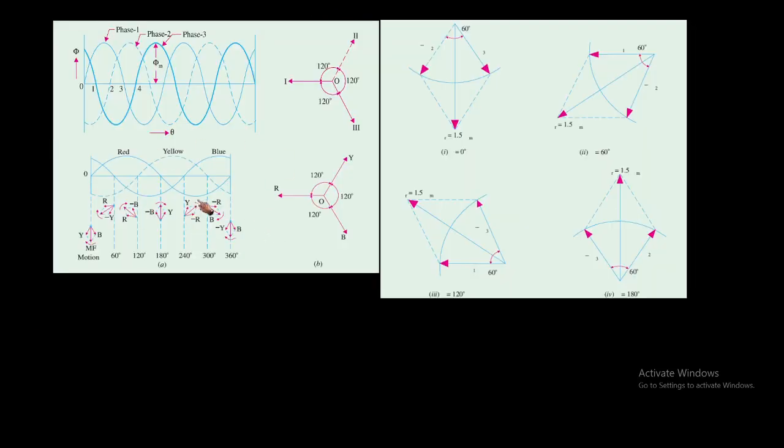Next, see this diagram. This is a very important diagram. This is one phase we considered, and this is the second phase, shown with dotted lines, and this is another phase, so we have three phases. Here I have considered some time instants: 1, 2, 3 and 4.